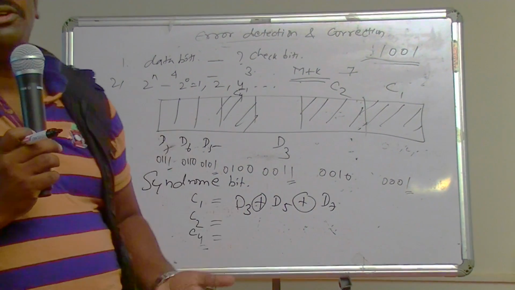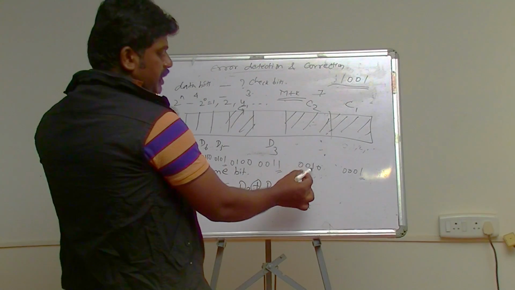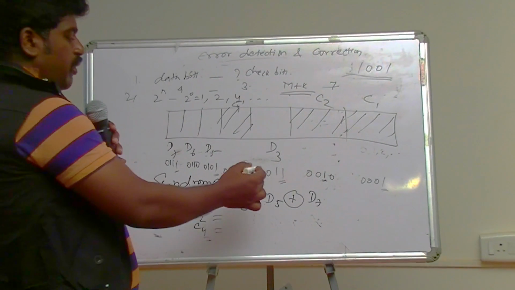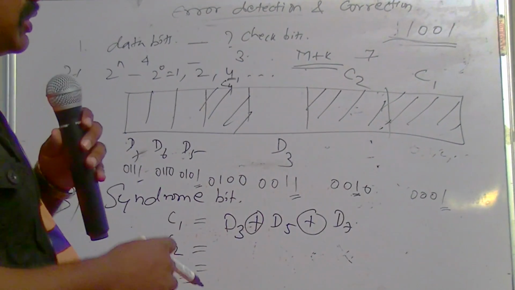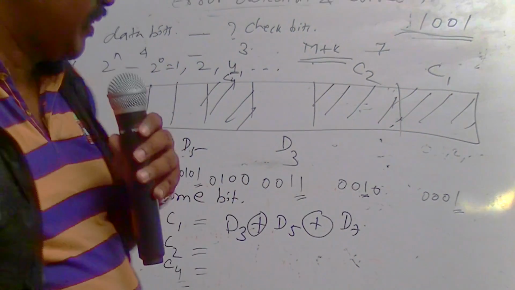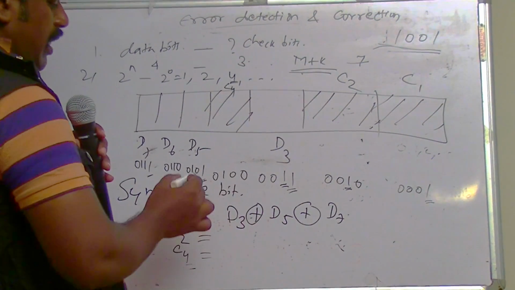Similarly, for C2, we find the second least significant bit. For example, in C2 the second least bit is 1. So we find, among the data bits, which have the second least bit as 1. In D3 the second least bit is 1, so we take it.